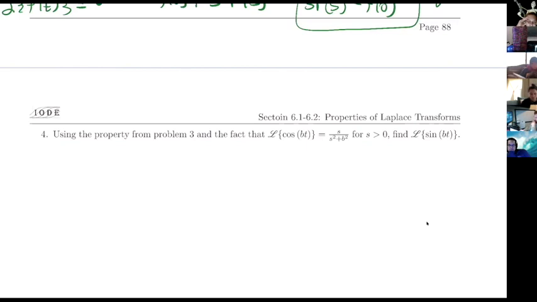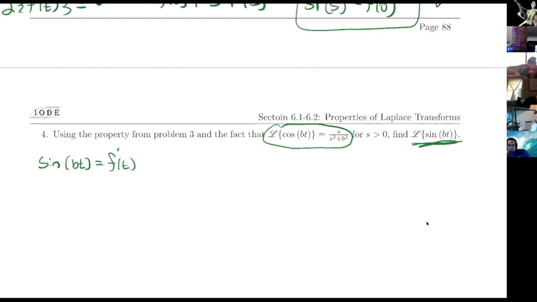So for example, if we know this, and we want to find this, we can use the fact that these two functions are almost related directly by this derivative relationship.